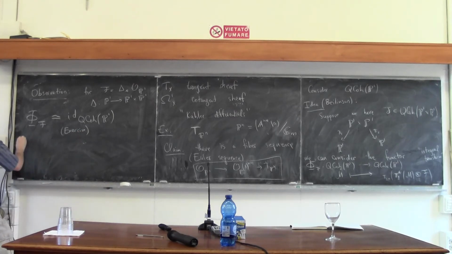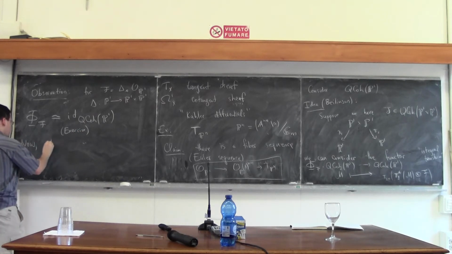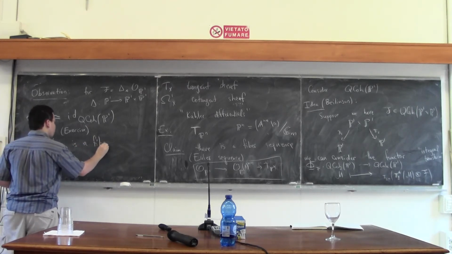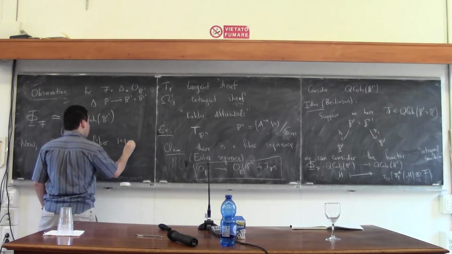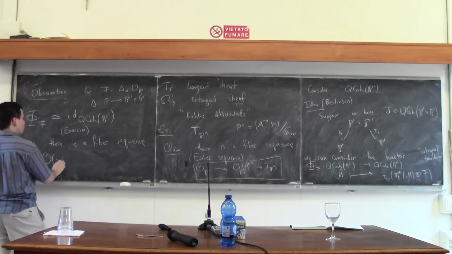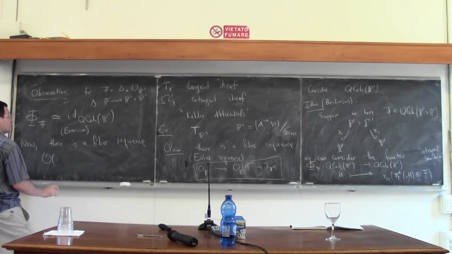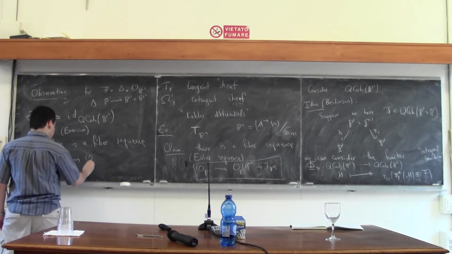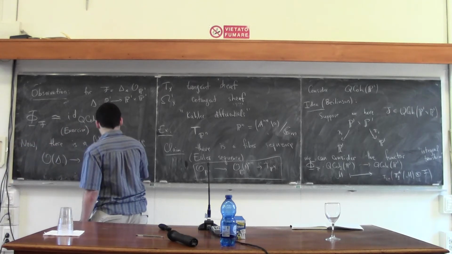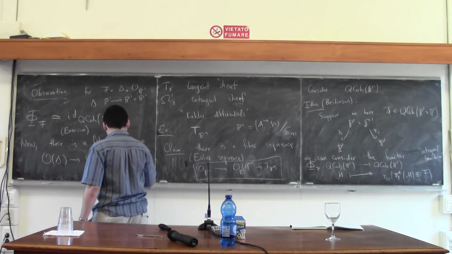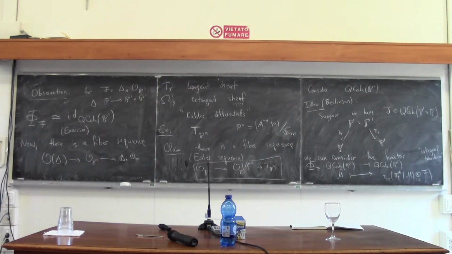But now, there is a resolution. There is a fiber sequence, delta going to O of P1 squared, into O of P1. So this is the fiber sequence I explained to you before.